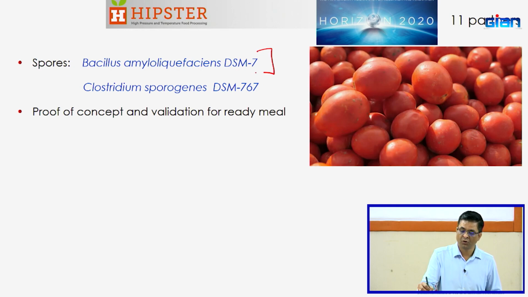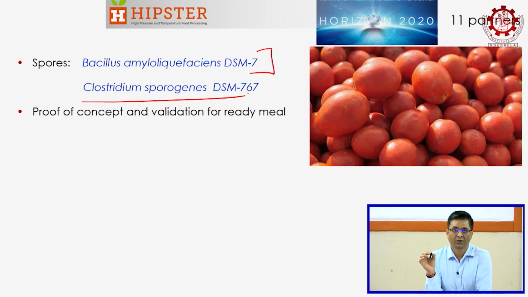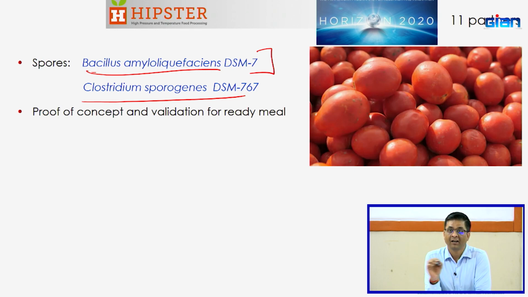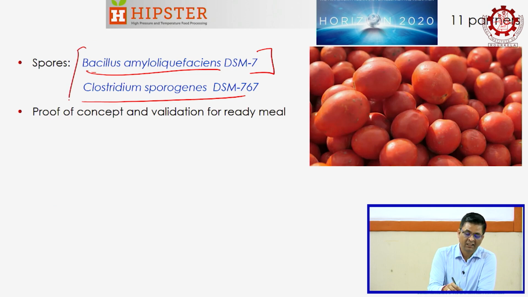How many of you know about Bacillus amyloliquefaciens or Clostridium sporogenes? These are bacteria whose spores, even if you heat them at 110 degrees Celsius for half an hour, will not be inactivated. And these are the index microorganisms used to check the efficacy of your autoclave.